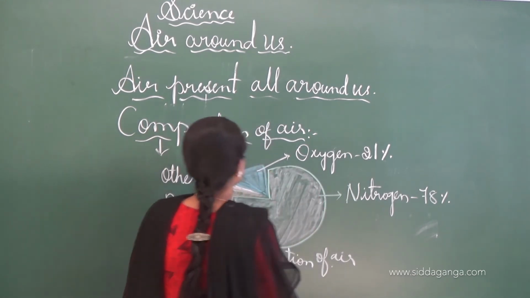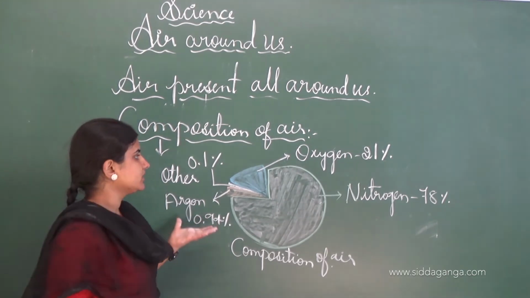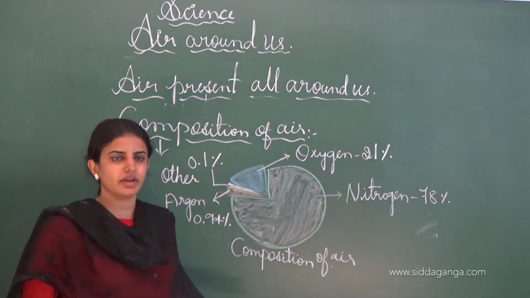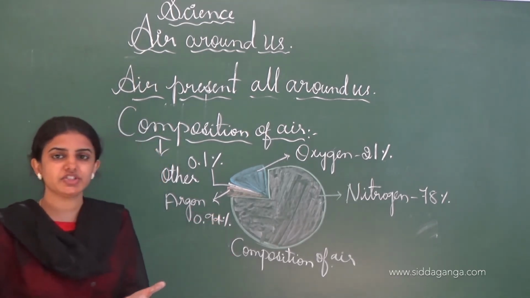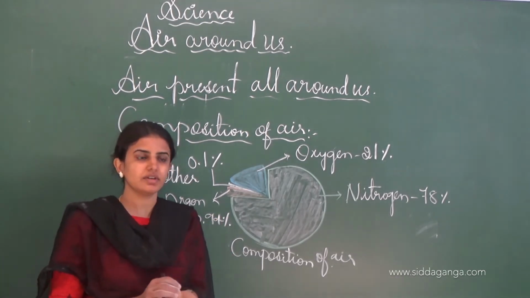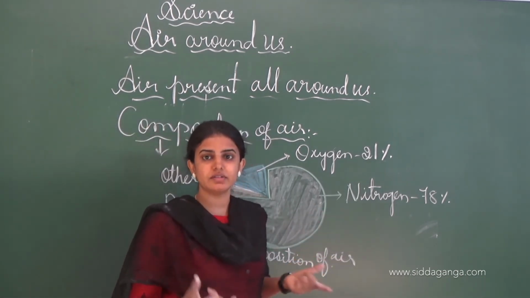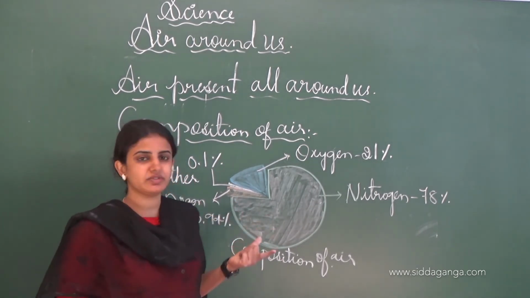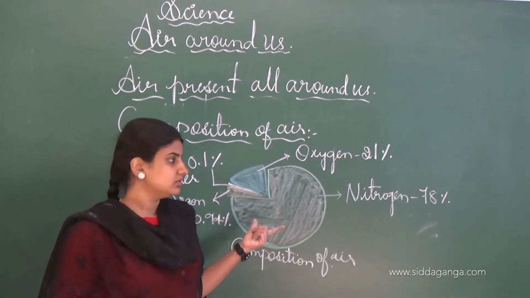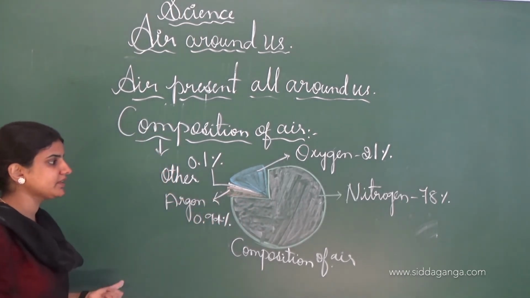So this is all about the diagram where we can understand the different components of the air, in which the first one is nitrogen. See, the major component of the air is nitrogen, because 78% of air is occupied by nitrogen gas, and the remaining 21% is oxygen gas, which is abundant in nature.